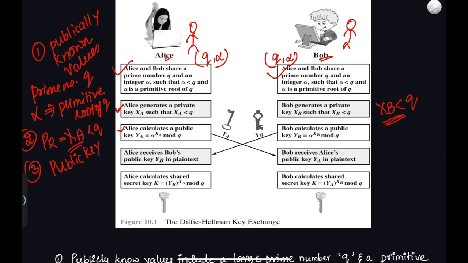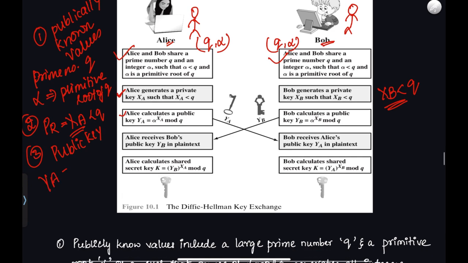We depict the public key by YA. YA is equal to alpha power XA mod Q, and here also YB is equal to alpha power XB mod Q. So firstly we had the publicly known values, then we calculated the private key, then we calculated the public key.